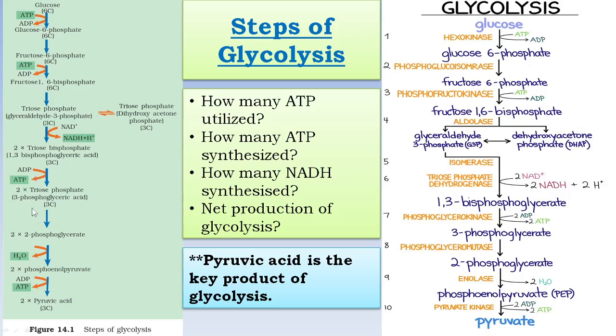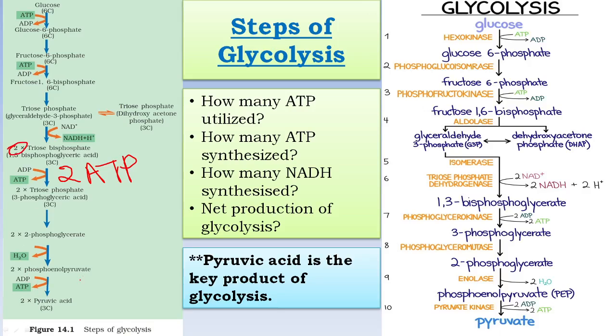It seems as if only 2 ATPs are produced, but it's not like that. Here there are 2 triose phosphates, so at this particular step I will write over here: 2 ATPs are produced, because there are 2 triose bisphosphates.